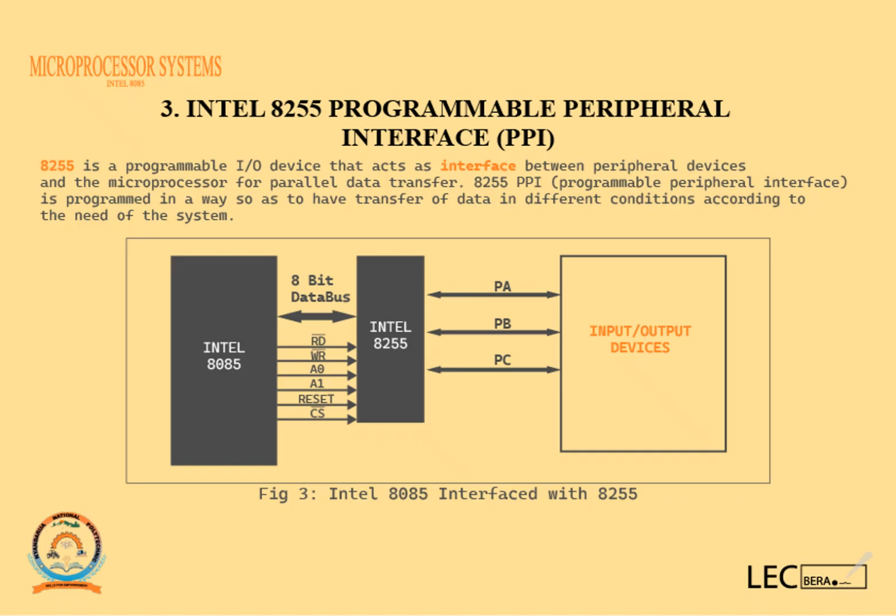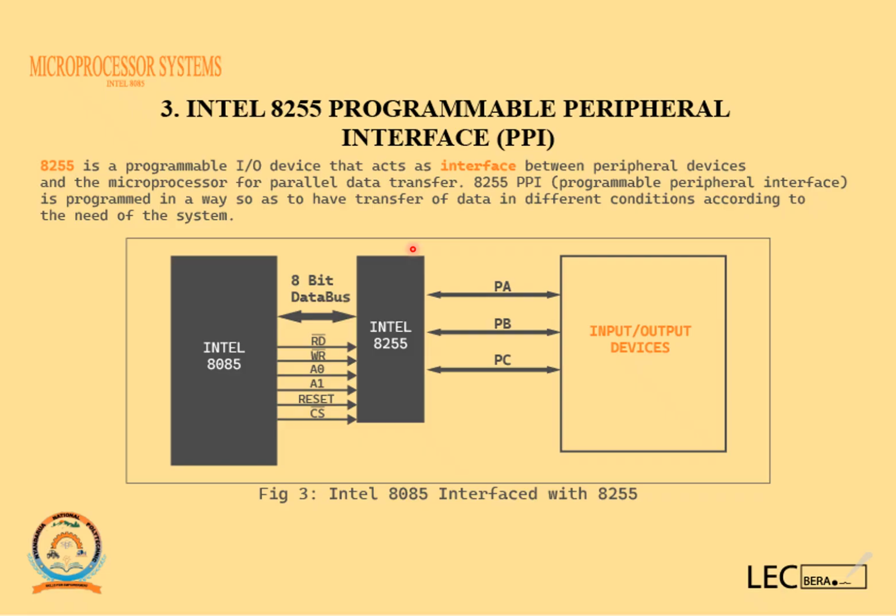So I have provided here a simple diagram. This is figure 3. This is a simple diagram showing how we can interface our Intel 8085 with Intel 8255. So 8255 is a programmable input-output device that acts as an interface between peripheral devices and the microprocessor for parallel data transfer. 8255 PPI is programmed so as to have transfer of data in different conditions according to the need of the system.